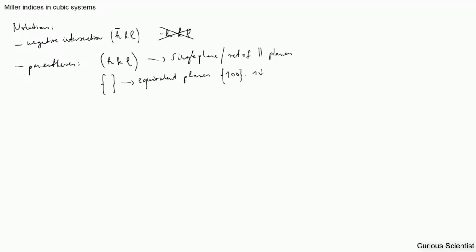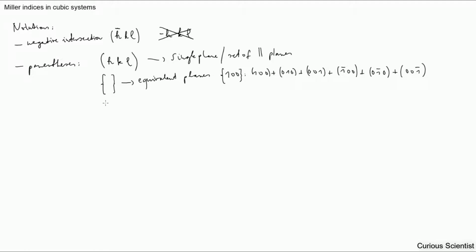So it includes the 1 0 0 plane, and the 0 1 0 plane, and then 0 0 1, and then here comes the negative, so -1 0 0, and 0 -1 0, and 0 0 -1. So the braces are for equivalent planes.